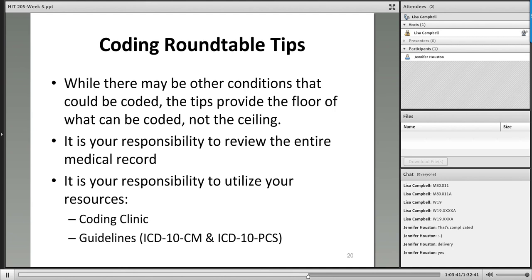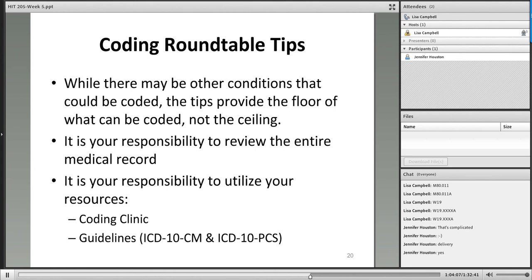And I noticed in my discussion board last week that I still had some people, when I asked about Coding Clinic, they went and just Googled something on the internet. The reason why I'm asking you about Coding Clinic and exposing you to it is that on national exams, they may ask you a question related to Coding Clinic, not like an article.